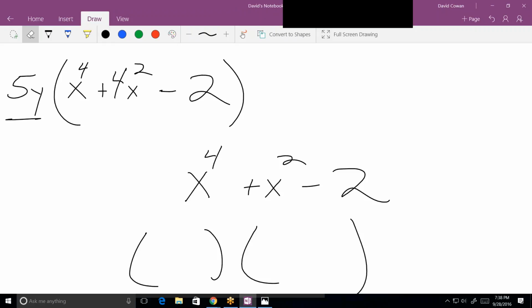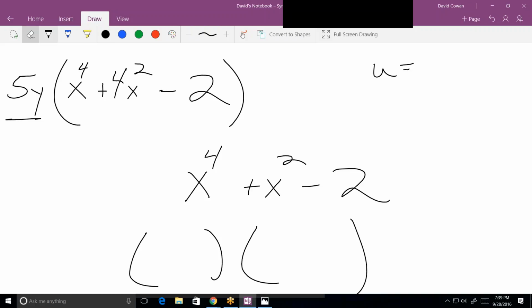I'm going to introduce you to something called U substitution. It's used in all higher math. It's very common when you get to calculus. What if I let U equal, and you always let U equal that term. What we have here is what I call a quadratic in disguise.